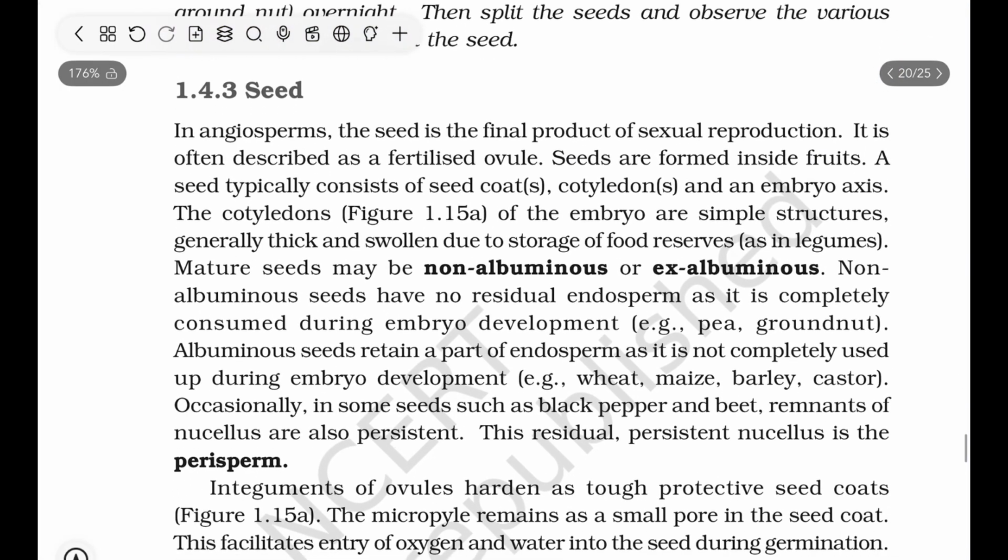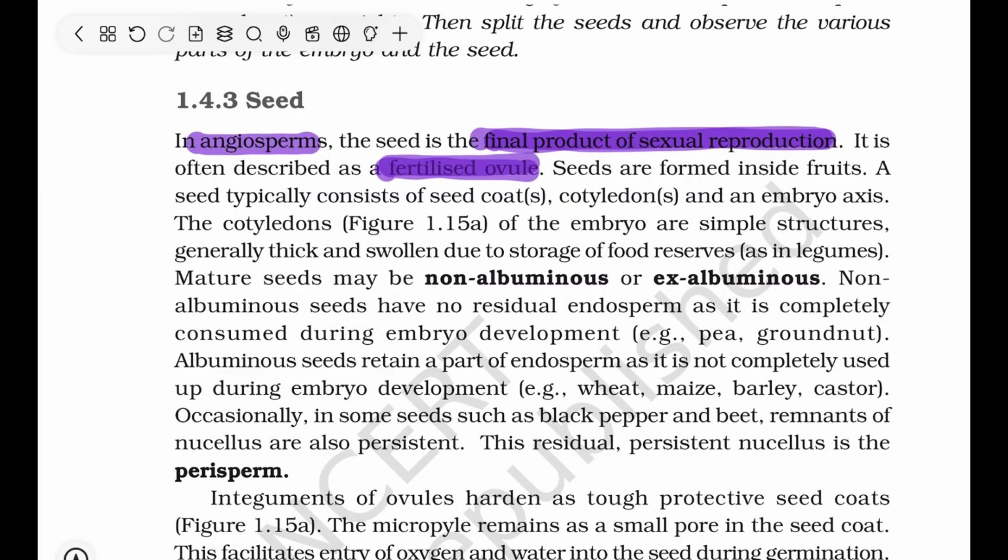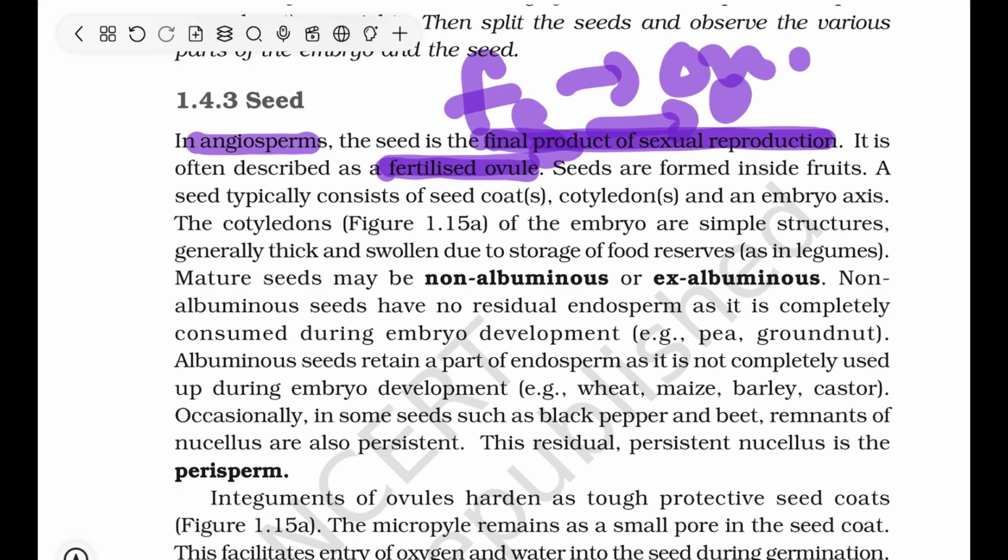Okay, now we come to the seed. The seed is a characteristic of angiosperms. It is the final product of sexual reproduction. It is often described as a fertilized ovule, because it develops from the ovule. The fruit develops from the ovary, and the seed develops from the ovule. Seeds formed inside the fruit typically consist of seed coat, cotyledon and embryo axis.